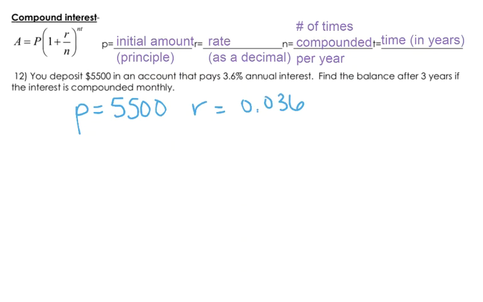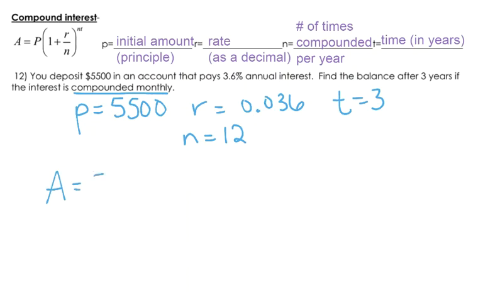You have to move that decimal back twice or divide that by 100. Find the balance after 3 years, so T is 3, if the interest is compounded monthly. So that's my N. There are 12 months in a year, so it's going to be compounded 12 times per year. All I need to do now is plug these into my formula and use a calculator.